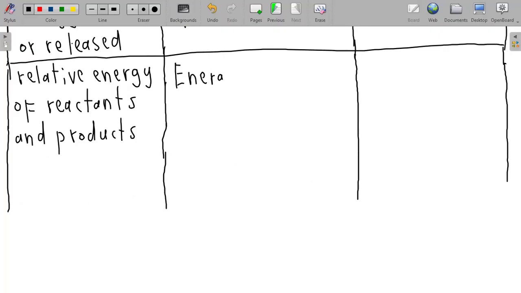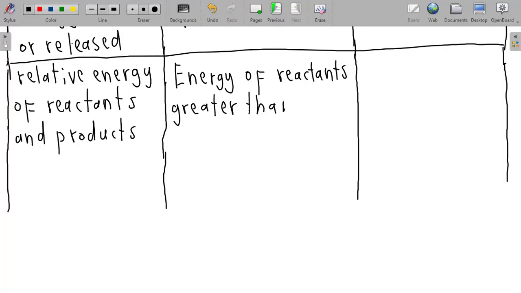Energy of reactants greater than energy of products. And now for the endothermic, it's the other way around.